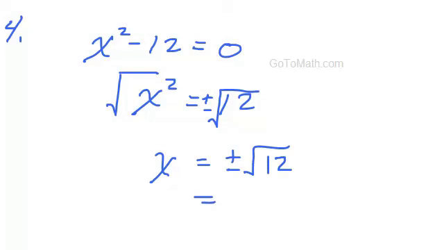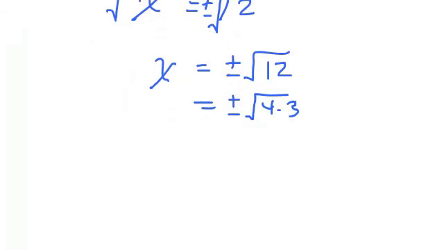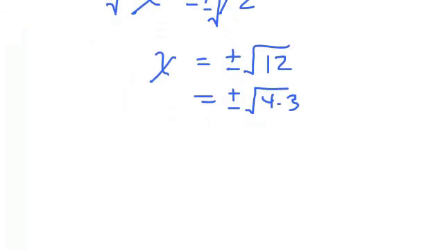However, this can actually be broken down: 4 times 3. The square root of 4 is 2, so we end up with plus or minus 2, but we can't take the square root of 3.